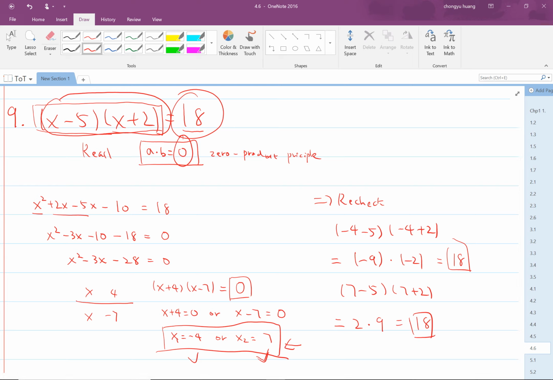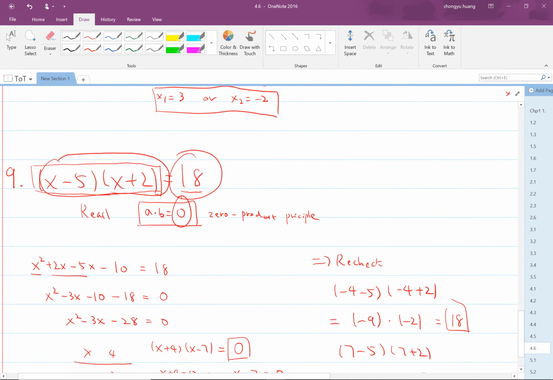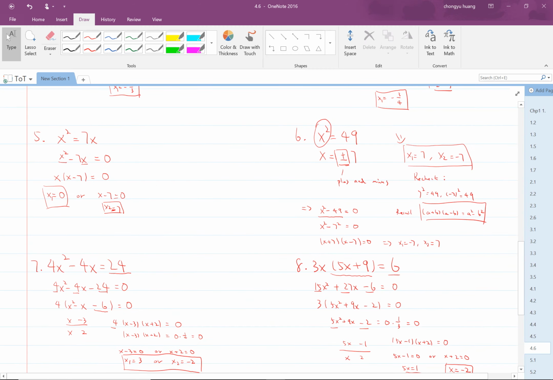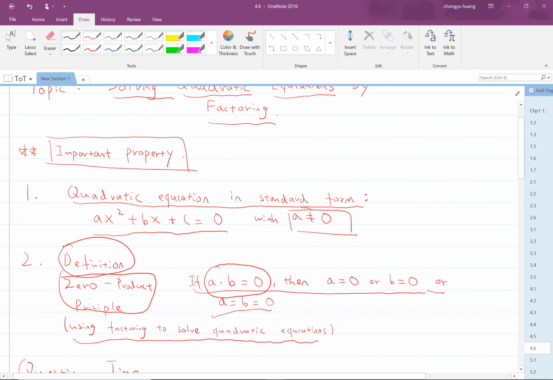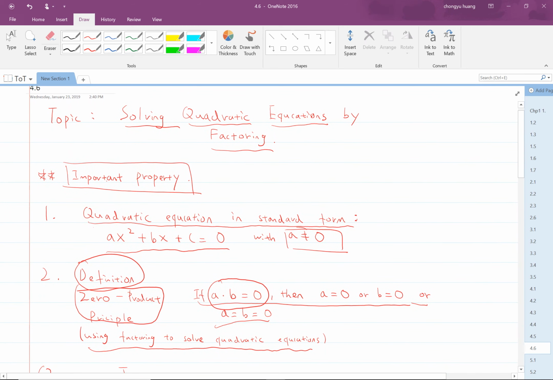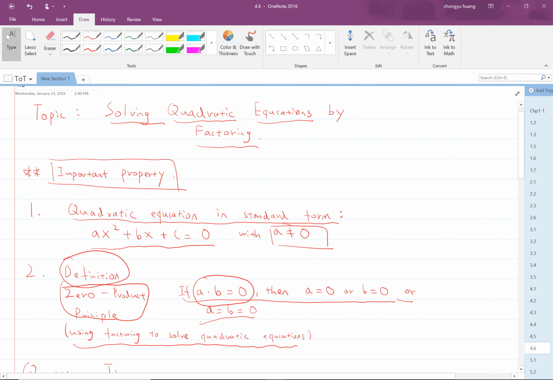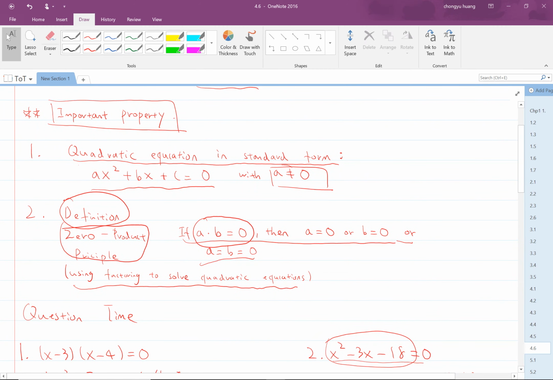That's basically everything for this chapter. I hope you guys learned something from the question over here, and also from the way I talk about those topics. Let's do a little review summary. The topic over here is solving quadratic equations by factoring. We explained what a quadratic equation is, and also the important thing, the zero product principle.